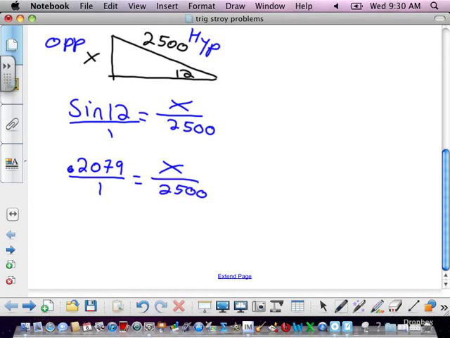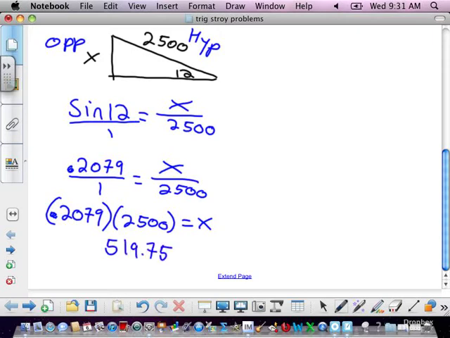So I'm going to cross multiply this, so that means 0.2079 times 2,500 equals x. So I get out my handy dandy calculator. 0.2079 times 2,500 gives me 519.75. And what is that, feet? Feet.